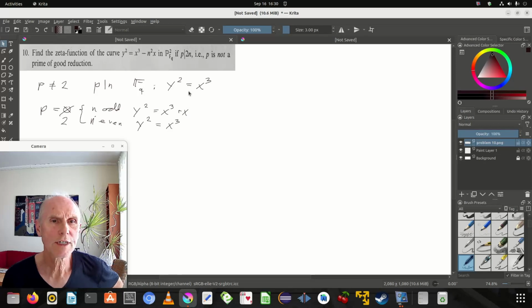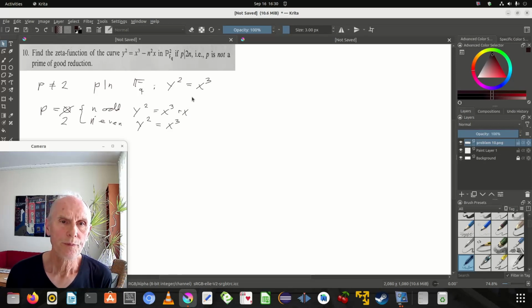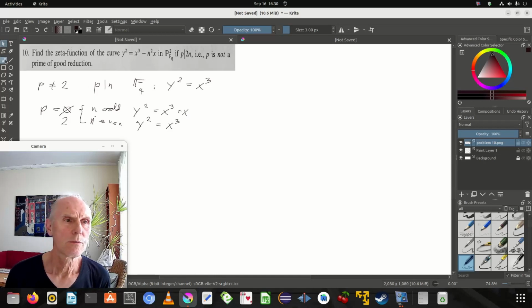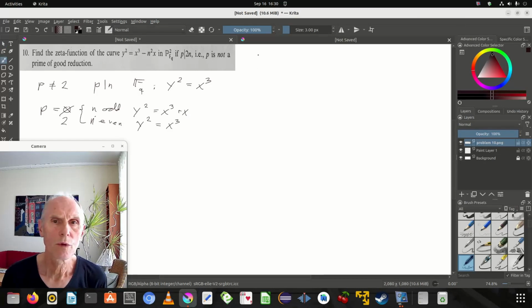So let's look at this case first. And we're in the projective space. So 1, p divides n.